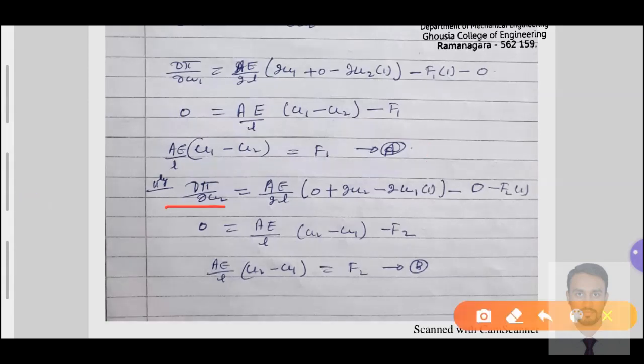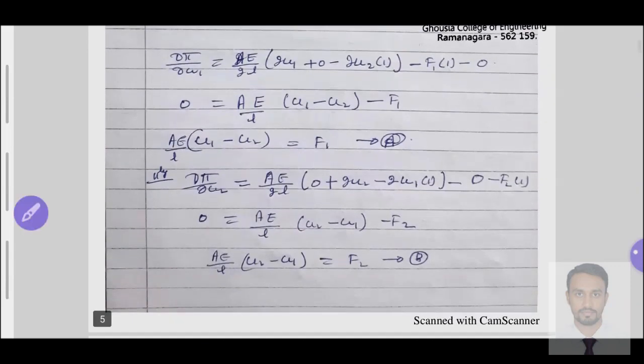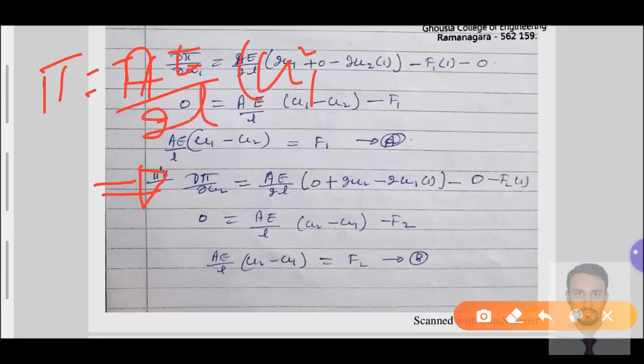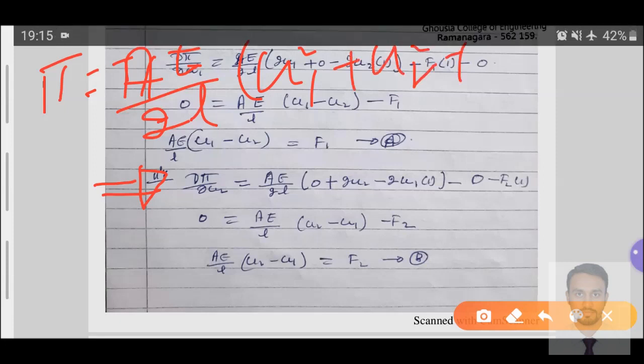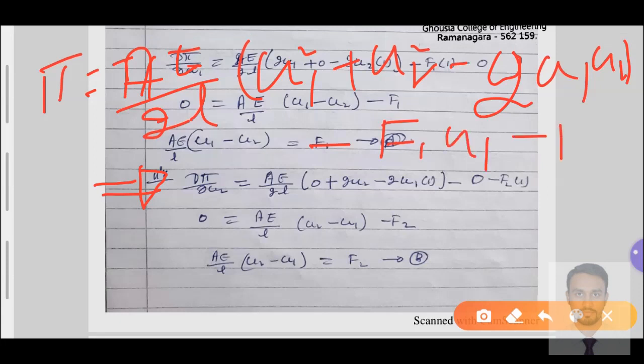Similarly, differentiate equation number 3 with respect to u2. Now we get this equation. I'll write that equation here to get the idea: AE by 2L into u1 square plus u2 square minus 2u1u2 minus f1u1 minus f2u2.